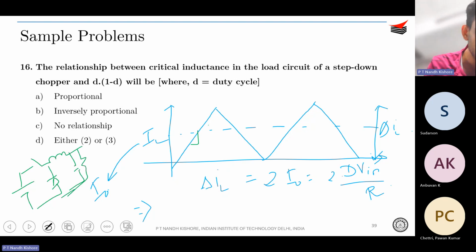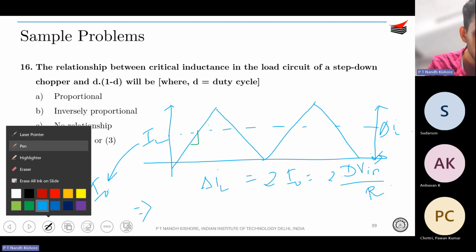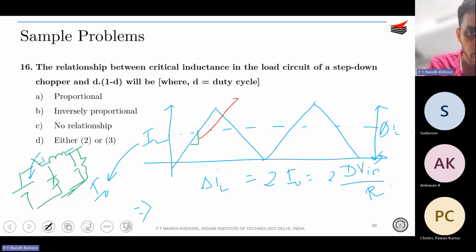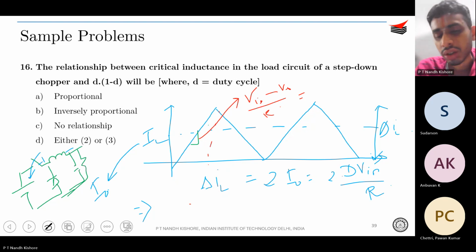When the switch is on, you know that the voltage across the inductor is going to be V in minus V naught over R. So that is your slope, over L, sorry, this is your slope, correct?